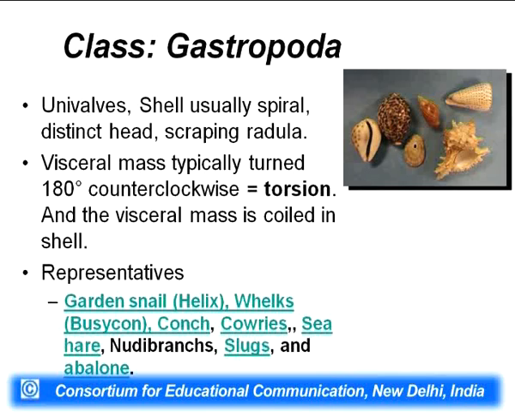Snails, slugs, and the other animals which we generally call cowries or the sea hare, they all belong to Gastropoda. In case of gastropods, the shell is made up of a single piece and entirely covers the body of the mollusk. The shell is generally spirally coiled, they have a distinct head and a well-developed radula.